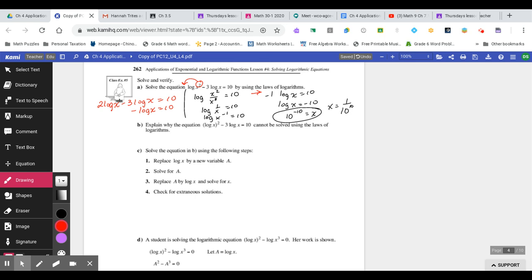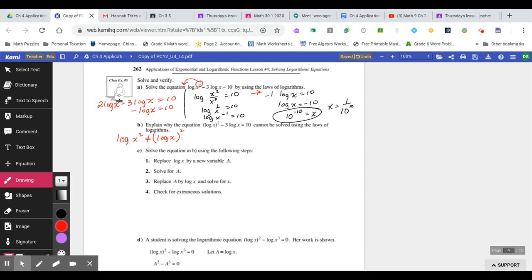Okay, now part B says, explain why the equation log of x all squared minus 3 log x equals 10 cannot be solved. There is a difference between, and I think you saw this on your test, between this, that is not the same as log x squared. Okay, it can't.